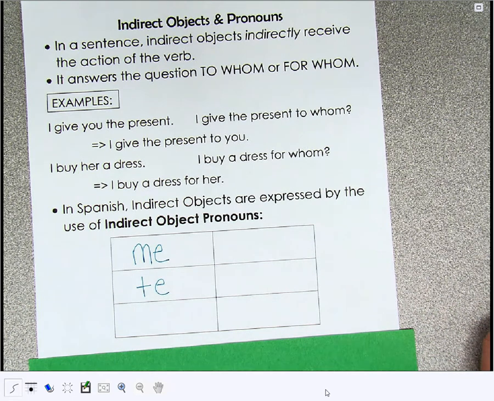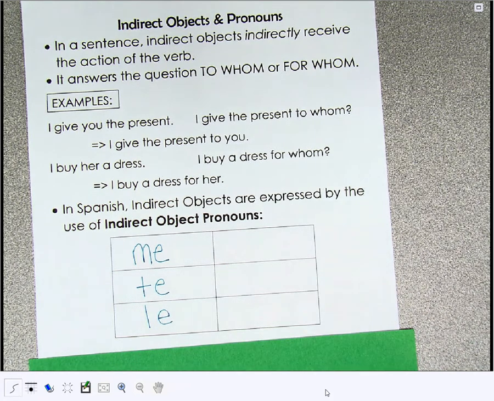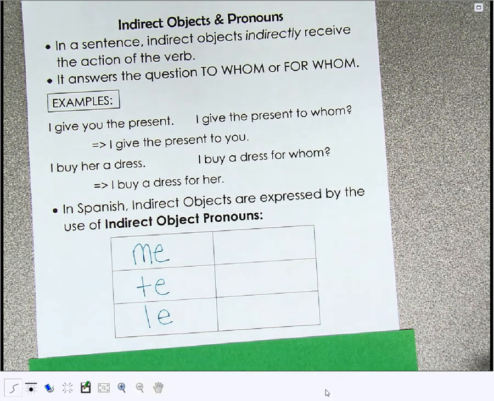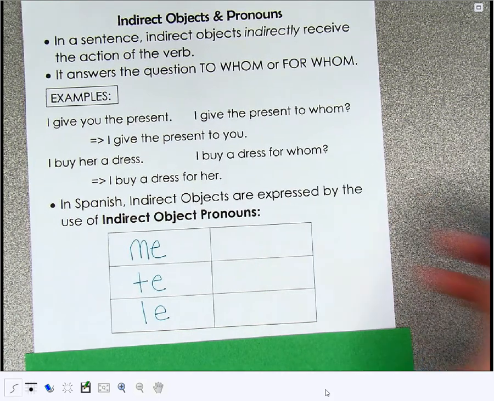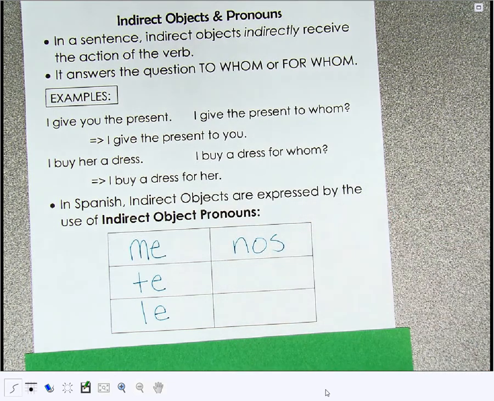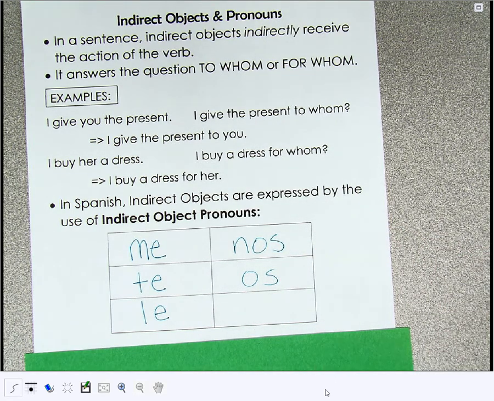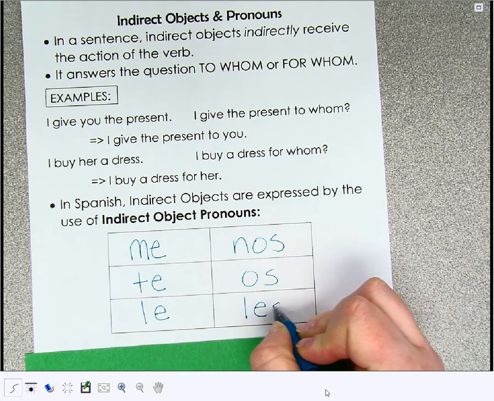To you, for her, to him, for it, le. To or for us, nos. To or for y'all is os, and then to or for y'all or them, les.